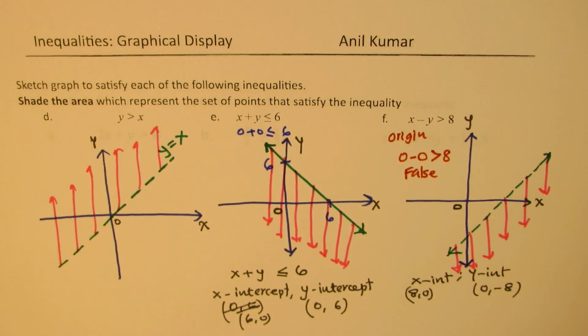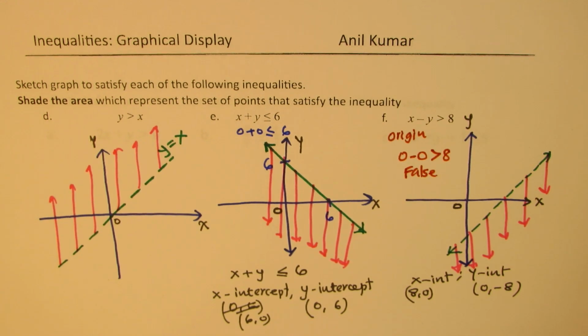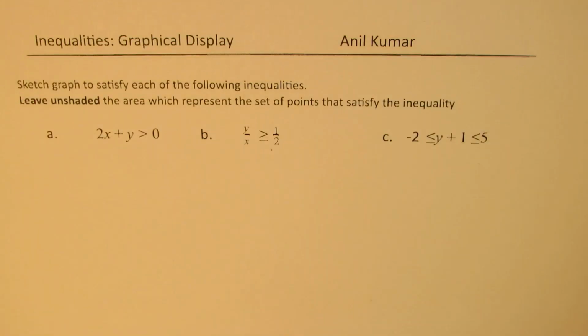Correct? So in the first part of the video, we have shaded the portion which is shown as the solution. However, the questions are tricky. At times in the test, you may have something like this.